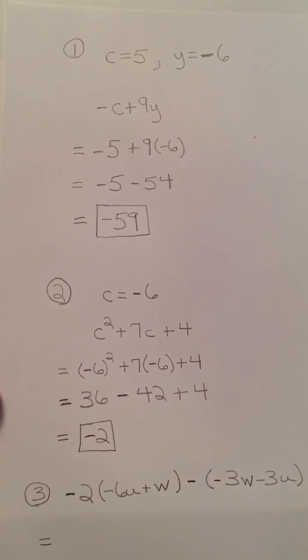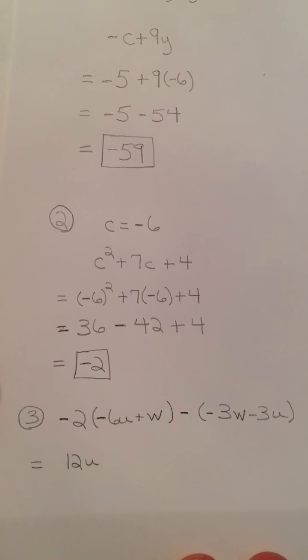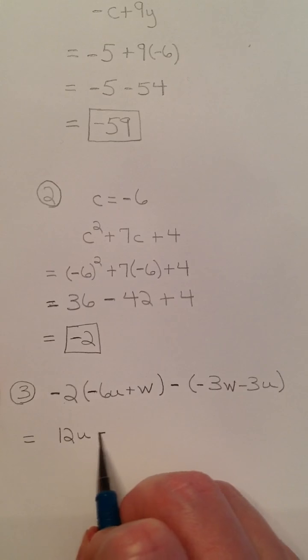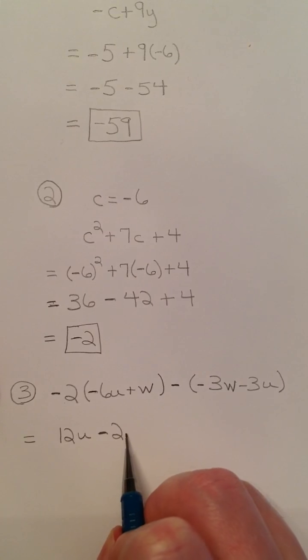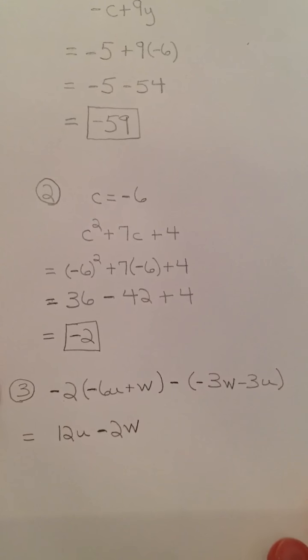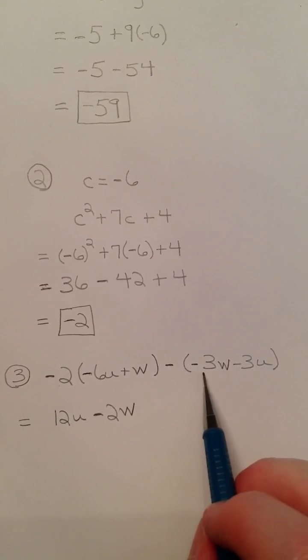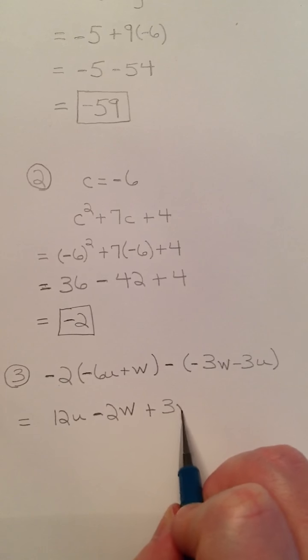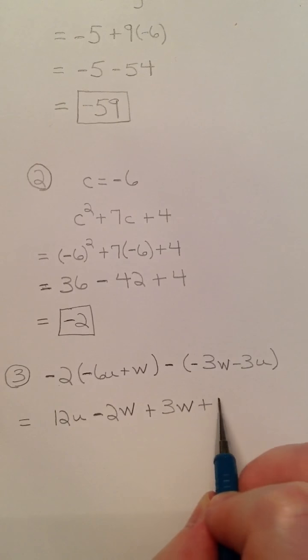So we have two sets of parentheses, and to eliminate the parentheses we are looking at distribution. So we have negative 2 times negative 6u, which is a positive 12u, and then negative 2 times w, which in this case is minus 2w. And with the distribution of subtraction over negative 3w minus 3u, we have plus 3w and plus 3u.